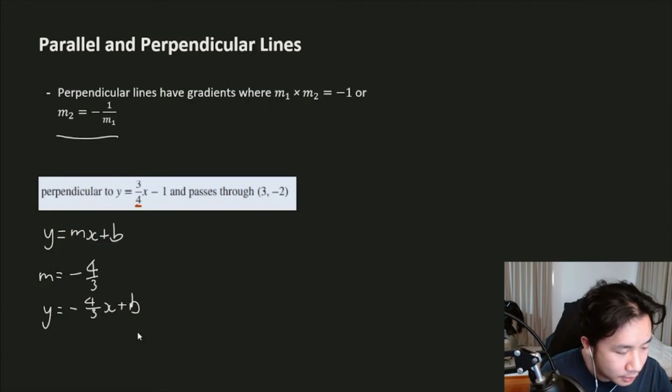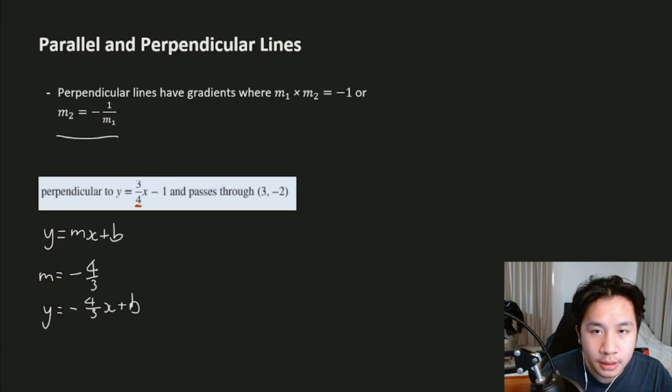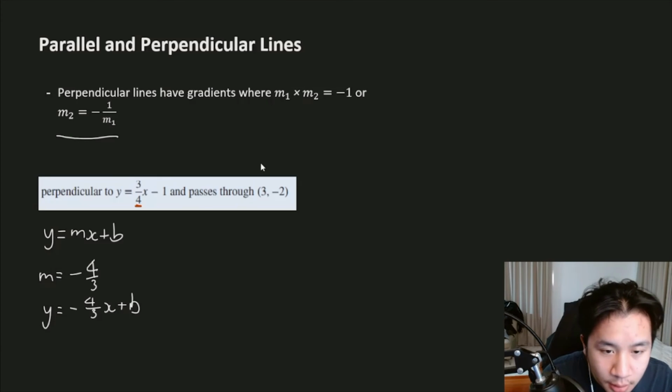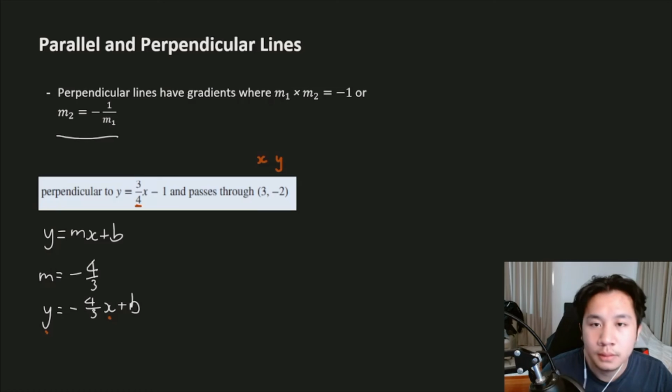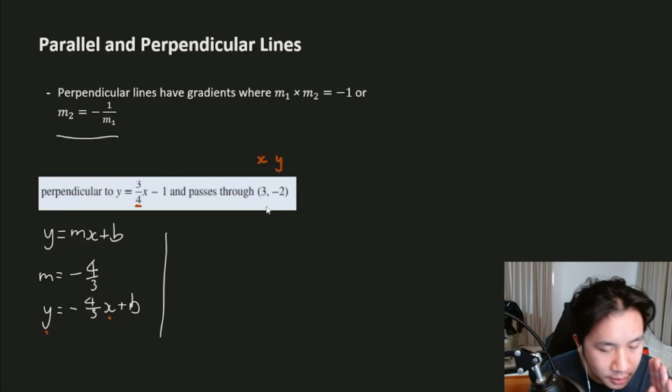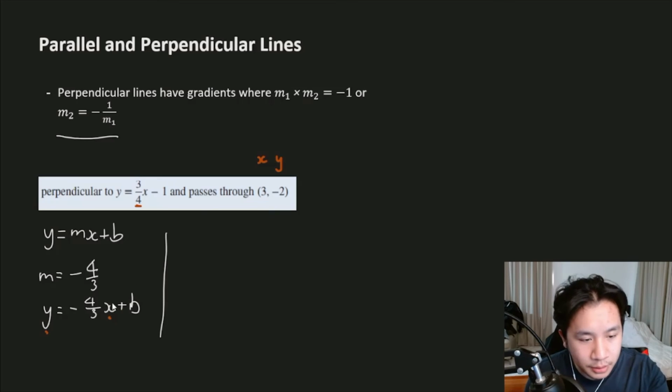We don't know this thing, but we can find it, just like the previous question, because we know that 3 and minus 2 are the x and y coordinates. So I can replace this y and this x with these two numbers. To finish this off, I'm going to substitute minus 2 into here.